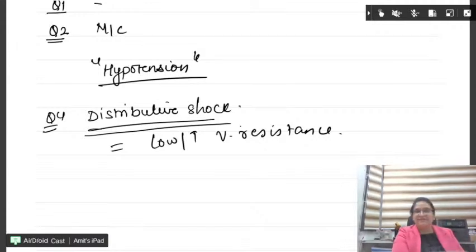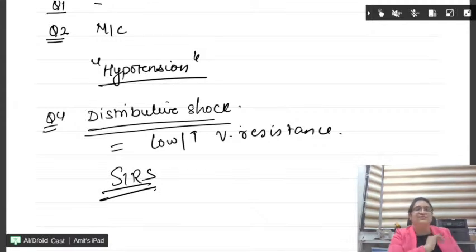Okay, next question everyone, which is not included in the SIRS criteria. SIRS, you know, SIRS, which is not included. Temperature, TLC, heart rate, BP. Yes, Dr. Mansi, I am going to give you a chart for this. Septic shock, yes it does.